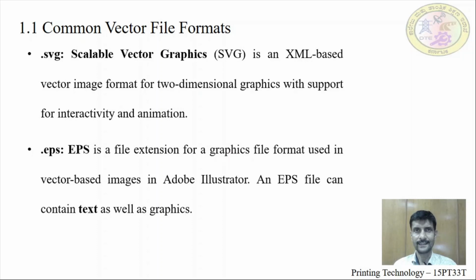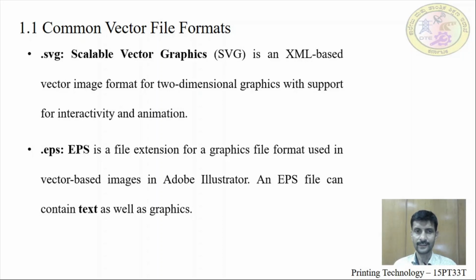Next, we will see .eps. This is the most common file format used for vector graphics because it consists of both text and graphics as well as color information. What is created in Illustrator is saved as an Illustrator EPS file.